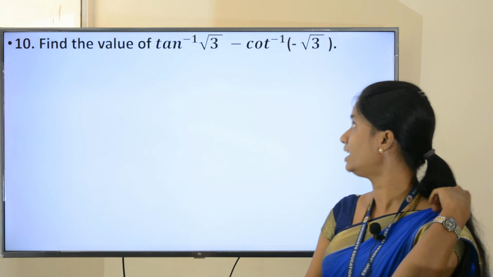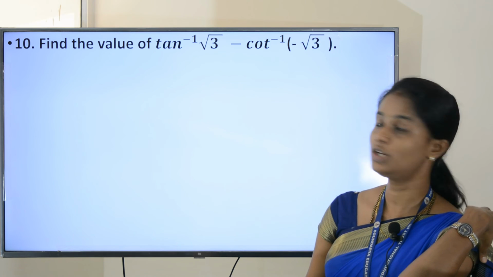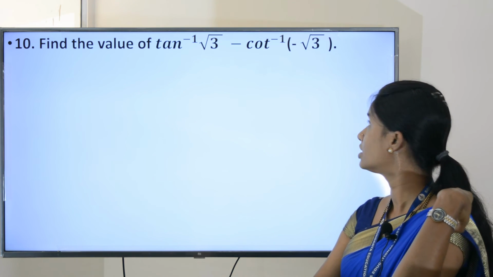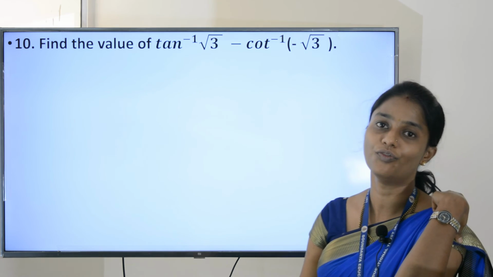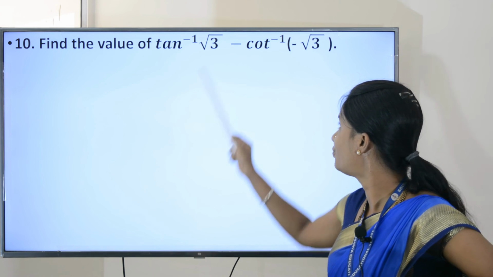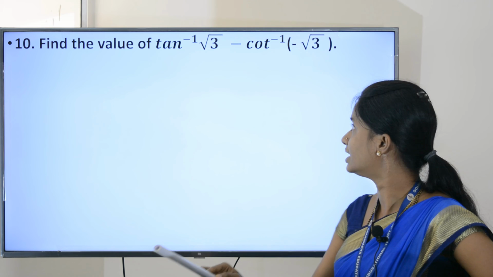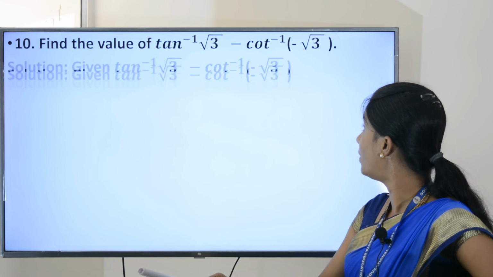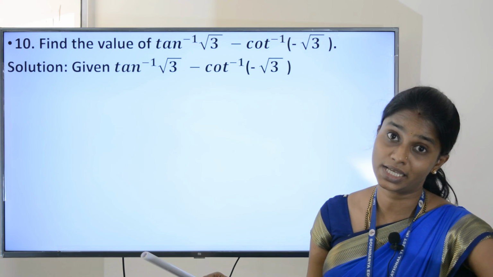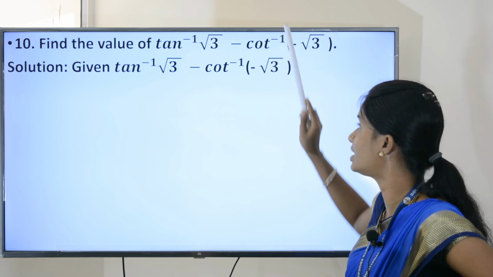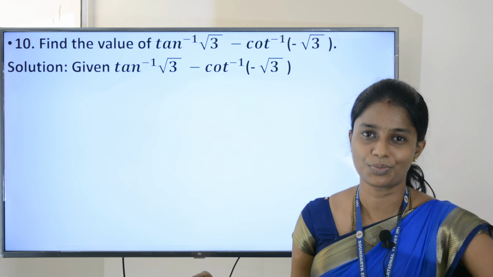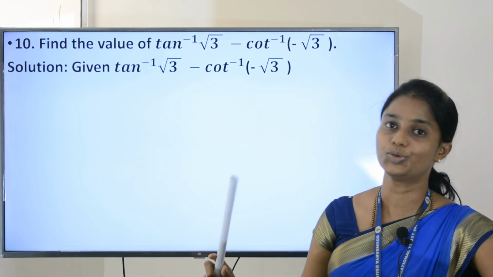That is, find the value of tan inverse root 3 minus cot inverse of minus root 3. We have to find the value. So we'll consider the question, that is tan inverse root 3 minus cot inverse of minus root 3. In this question, the first step is we have to remove the negative. How can we remove the negative? We have to use the property.